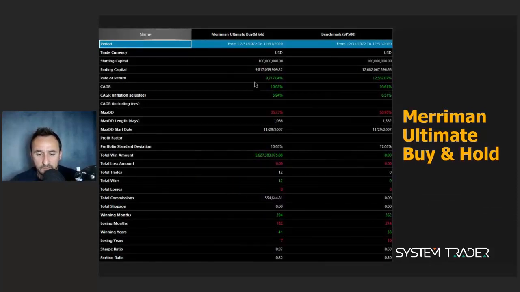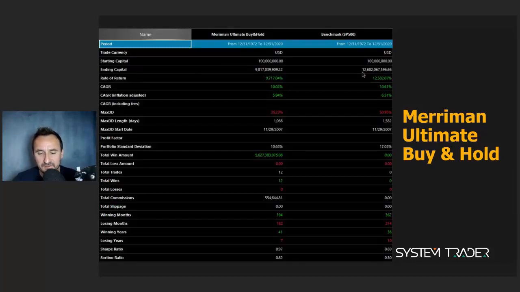And from the end of 1972 till the end of 2020, the initial $100,000 would grow to $9.8 million. And here we see benchmark S&P 500. And obviously, you can see here that within that period, S&P 500 would have gained more.